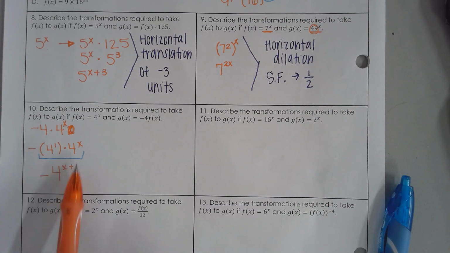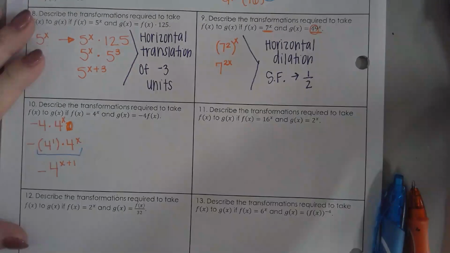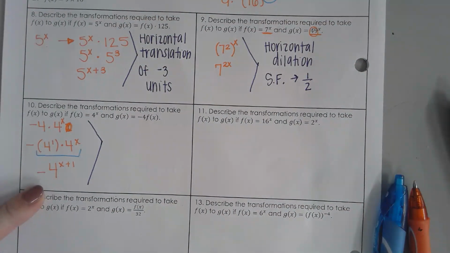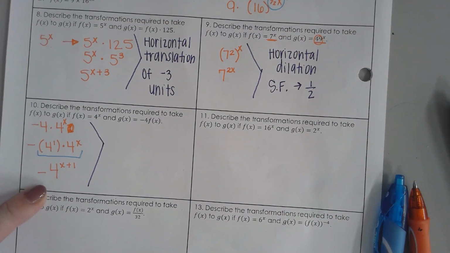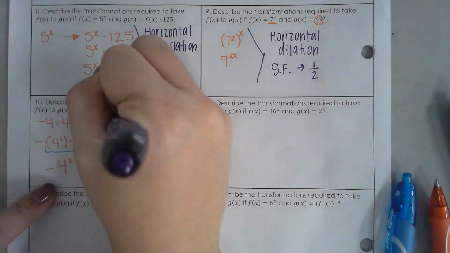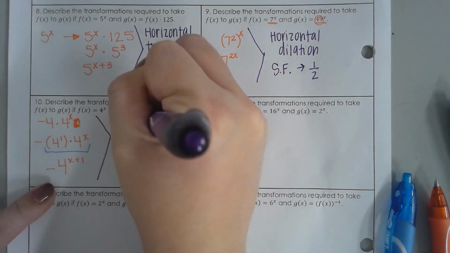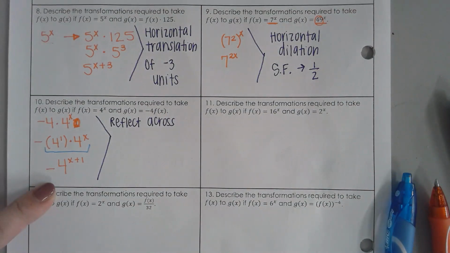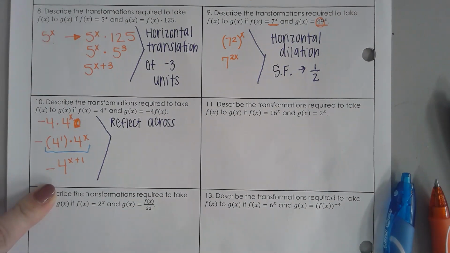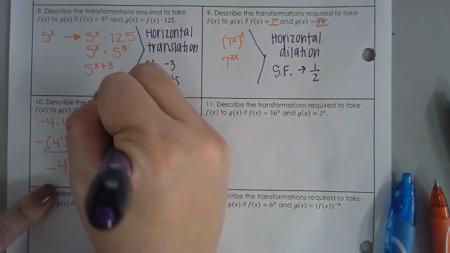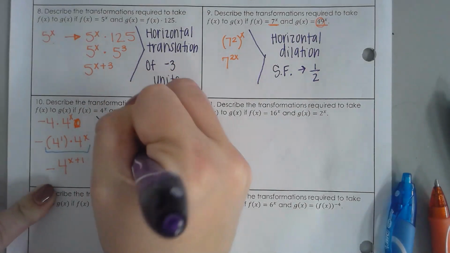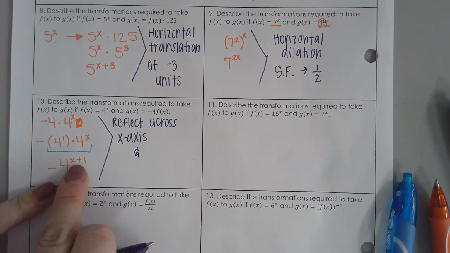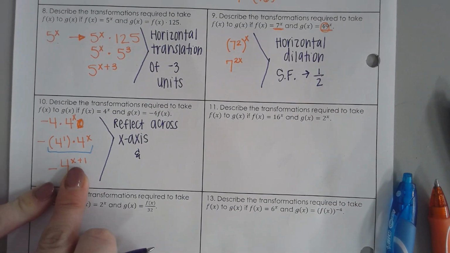And now I can see this one has 2 transformations. It still has the negative. That negative didn't go anywhere. So that is reflect across. Which one has the negative in front? X-axis. And the plus 1 is with the x.